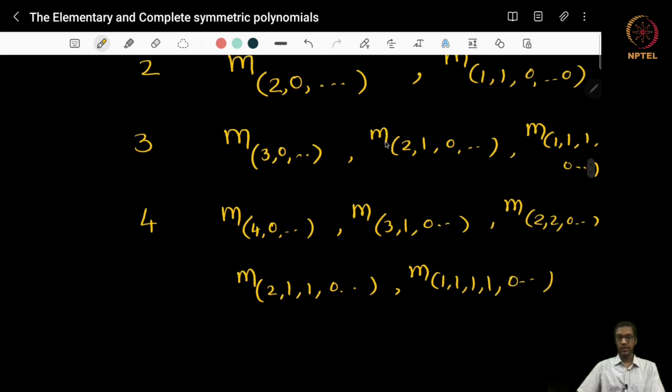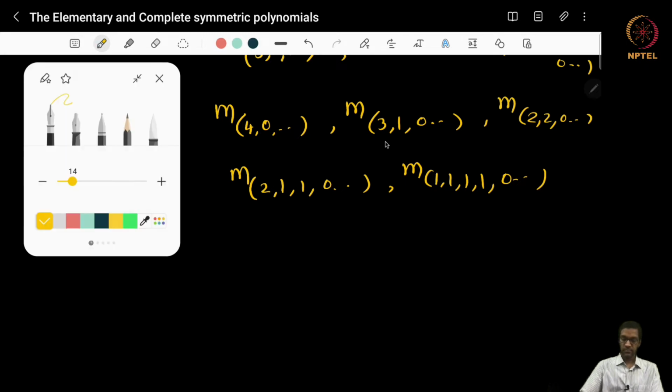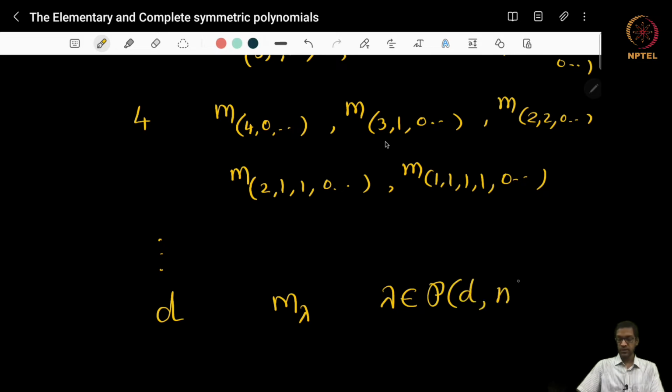Okay, now more generally, if I keep going like this, and if I pick some d, then I'm going to run over all m lambdas, where lambda is going to run over all partitions of d, but of course, I can only allow lambda to have at most n non-zero parts.